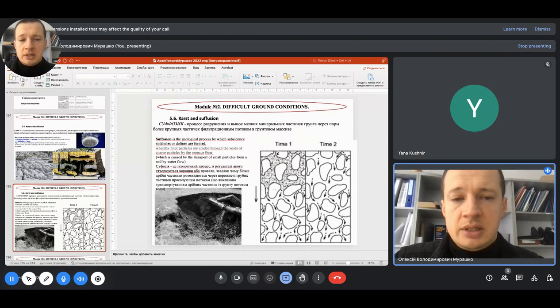So on this slide, you can see the result of this water flow, and the direction of water flow.